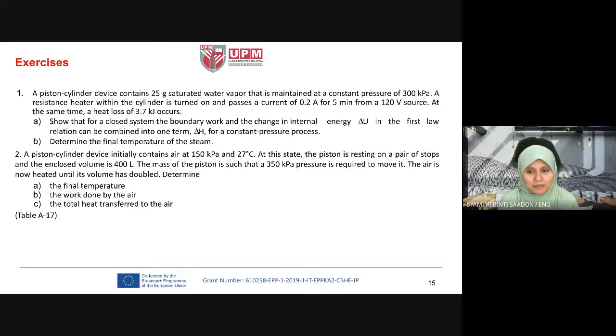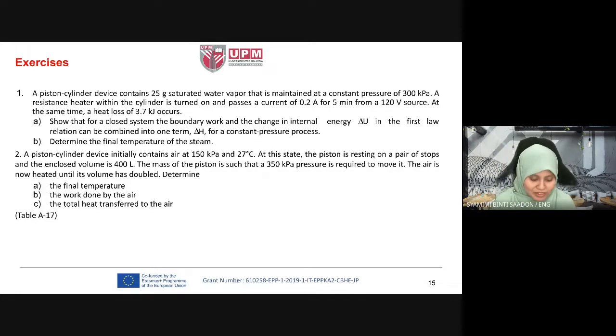At this state, the piston is resting on a pair of stops, and the enclosed volume is 400 liter. The mass of the piston is such that a 350 kilopascal pressure is required to move it. The air is now heated until its volume has doubled, so final volume 2V. Determine the final temperature, the work done by the air, and the total heat transfer to the air.